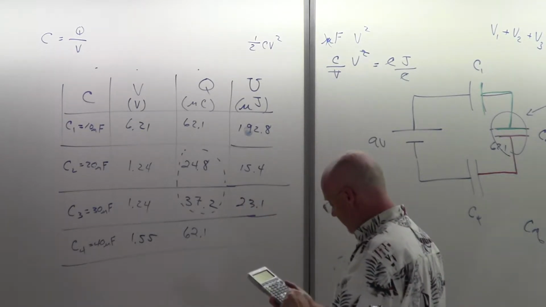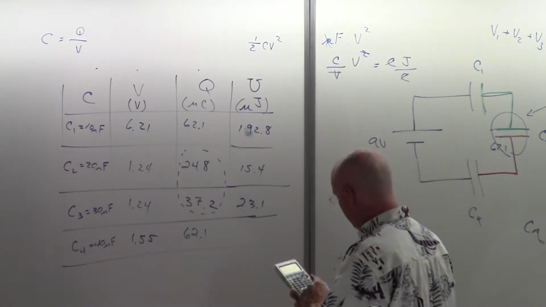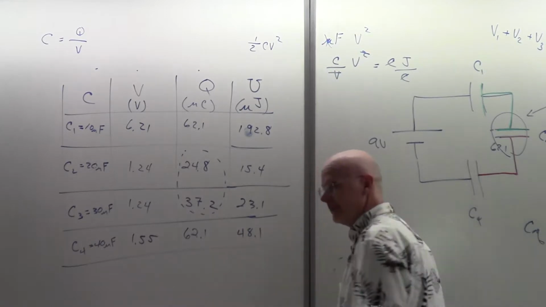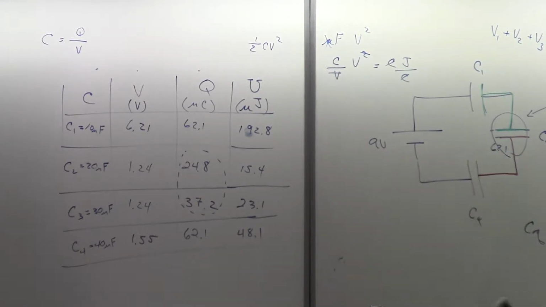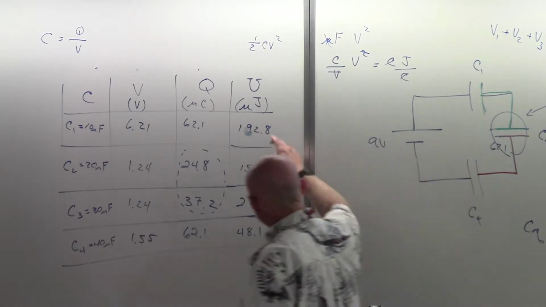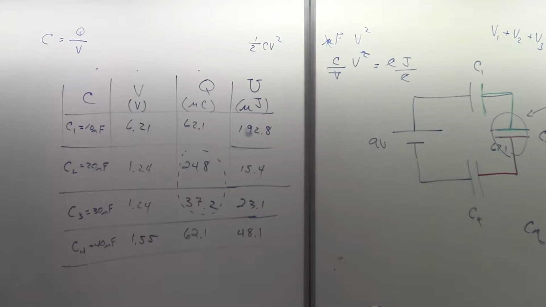And 1/2 times 40 times 1.55 squared comes out to be a 48.1. And so each of them have a certain amount of charge, a certain amount of voltage. The total energy is what is stored on all of these, yeah.